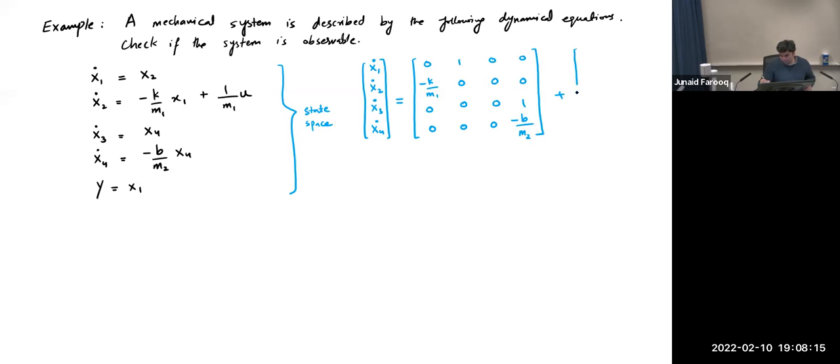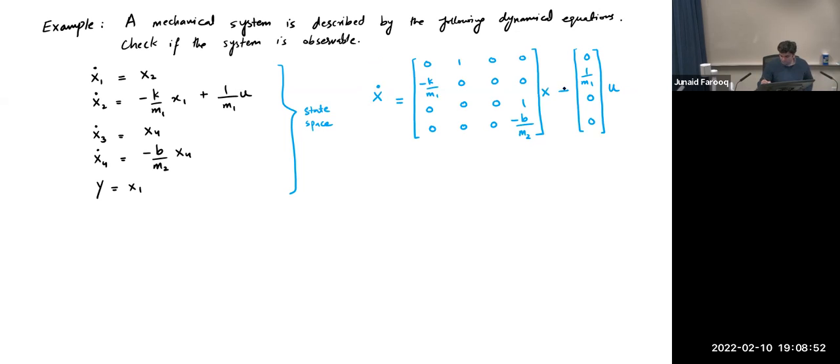Okay, and then for the u part, u only appears in the second state, so it's going to be, I think I made a mistake, 1 over m1. So it's going to be 1 over m1 and u here, and x here. Let's write it more consistently. Instead of all of this, let's just say this is x dot.